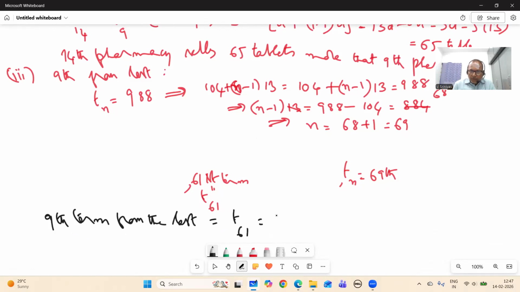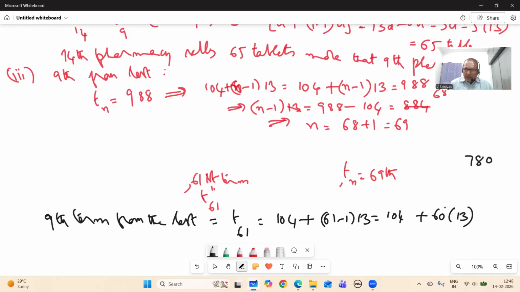This is A plus 61 minus 1 into D. This is 104 plus 60 into 13. 6 13s are 78, 0 comes, plus 104, you get 884. These many tablets it will be selling. The 61st shop will be selling these many tablets.